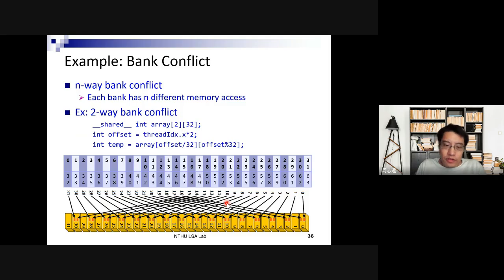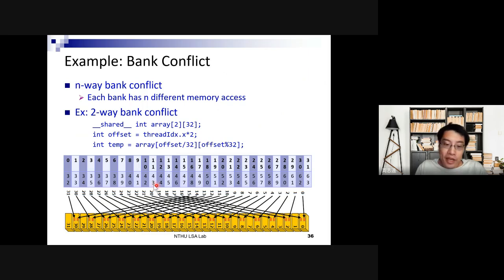All right. So just another example. Here we can simply look at the plot instead of the code, because the plot illustrates what happens in the code. Simply put, in this case, we have 64 threads operating on shared memory with 32 banks.